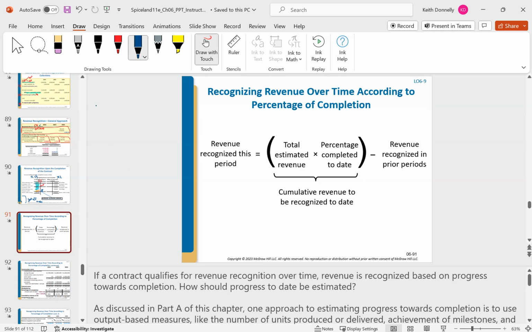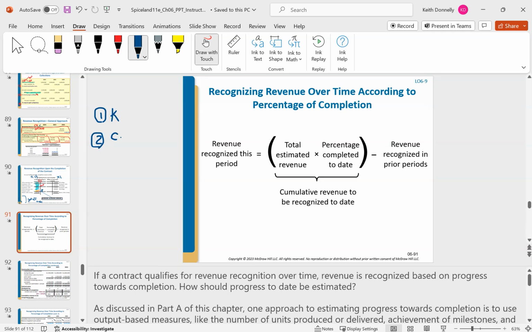How I like to think of it is to break it down in a couple steps, just be mechanical. The first thing is I'm going to figure out the contract price. The second thing is I'm going to take the cost to date over the total estimated cost. I'm going to put a little eyeball here because you need to look at this. Sorry, that's not, it's more like a spider with 2 eyes. You need to look at this on a per year basis.